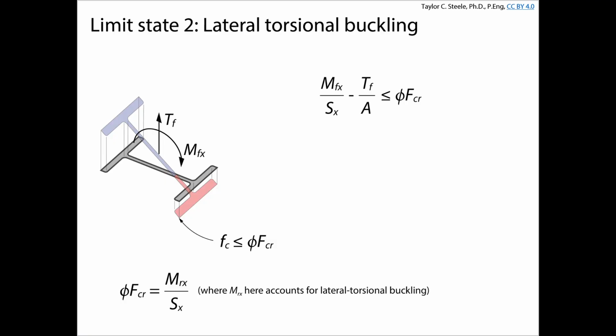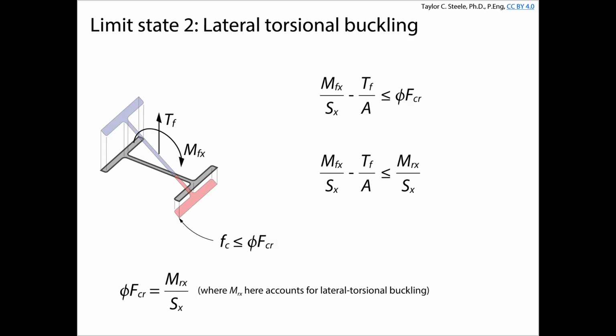Okay, that stress would cause MR to develop, and that would result in either elastic or inelastic lateral torsional buckling. So if we back calculate a critical stress, as long as we don't exceed that amount of compressive stress in the flange, we won't experience lateral torsional buckling. Okay, so that's just a bit of back calculating the equivalent compressive stress associated with the lateral torsional buckling limit state for a beam.